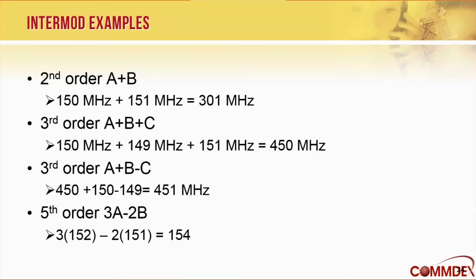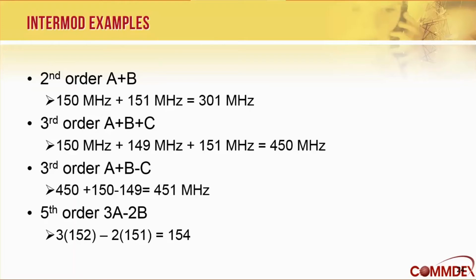An example would be 150 megahertz plus 151 is 301 megahertz. That's a second order. The reason that doesn't seem to be a problem is typically it will give us combinations that are outside our frequency band and don't bother us. They might bother somebody else, but they won't bother us.